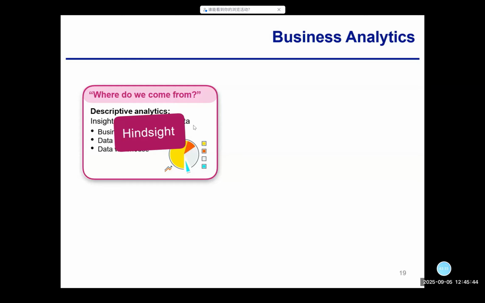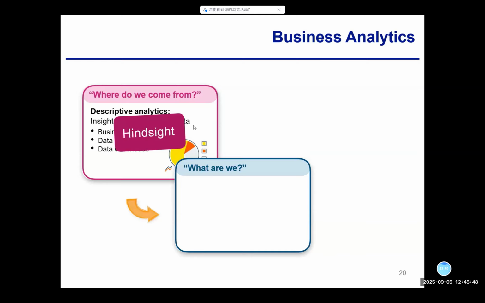But later, people were not satisfied with the first step, right? As you can imagine, once we have enough summaries and enough reports, people try to take one step further to ask the question analogous to what are we? Think of this, historically speaking, as if we are mathematicians or physicists.